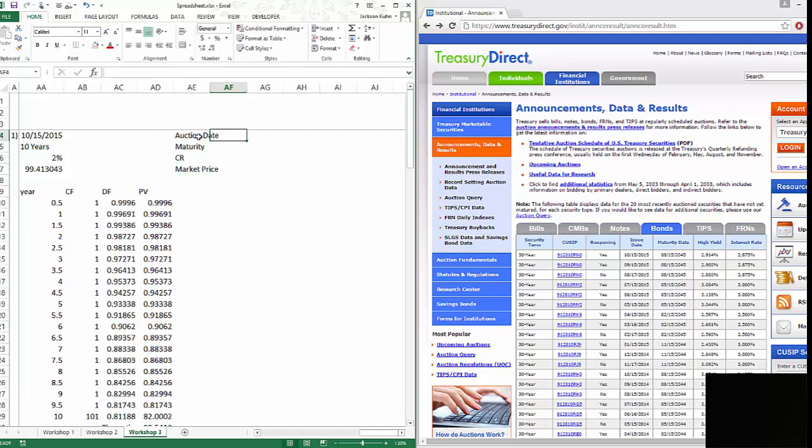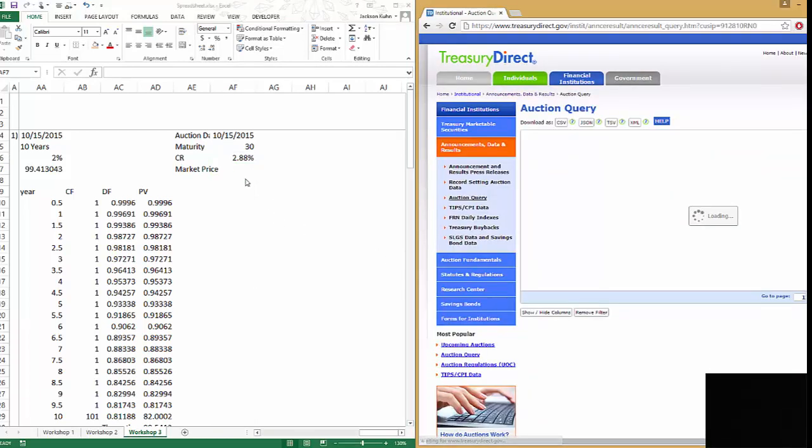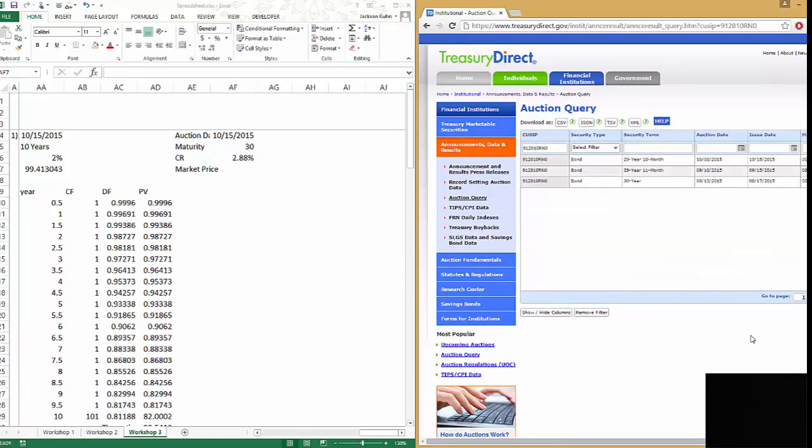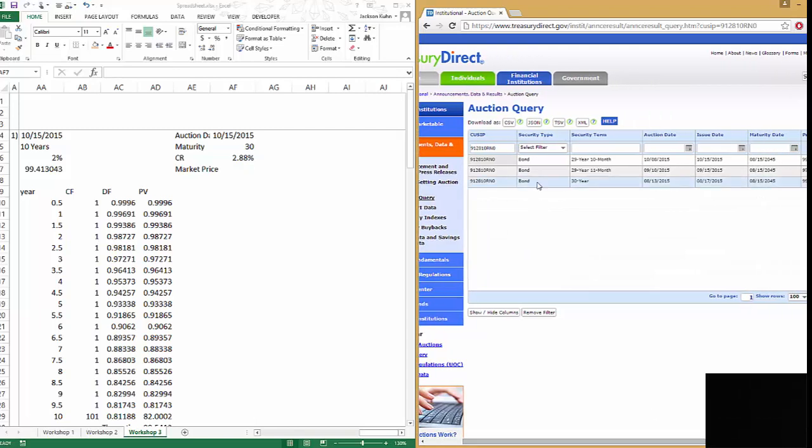So our auction date was, it looks like October 15th. Our maturity is going to be 30. Our coupon rate, it looks like it's 2.875%. Let's get our market value. So our 30-year is going to be $99.89.